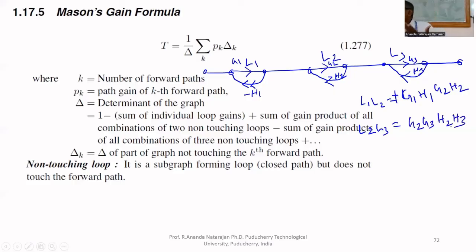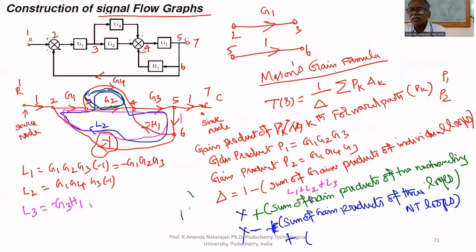Positive. Why? Both are negative. Then what you will get? L1, L3. They are also not touching. Therefore, G1, G3, H1, H3. The sum of these components has to be substituted in the place of the green term. In this case, no two non-touching loops.